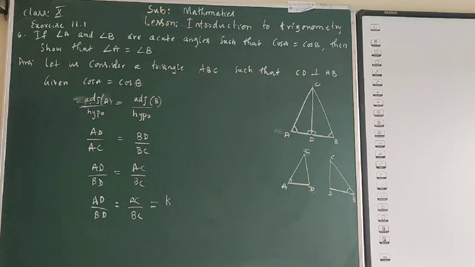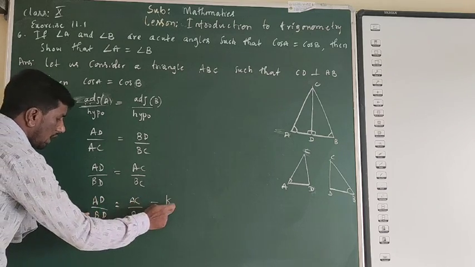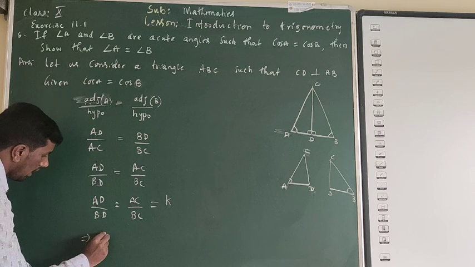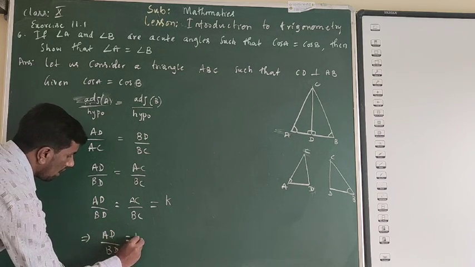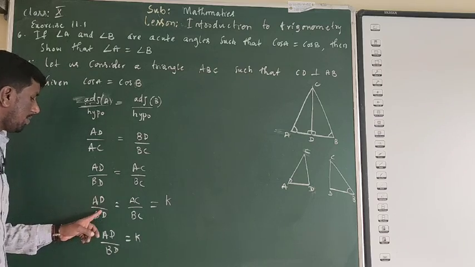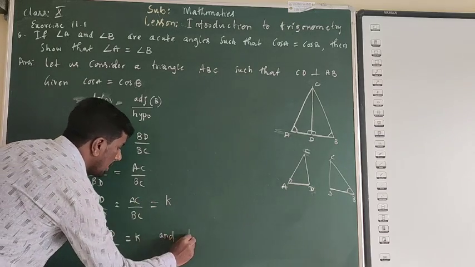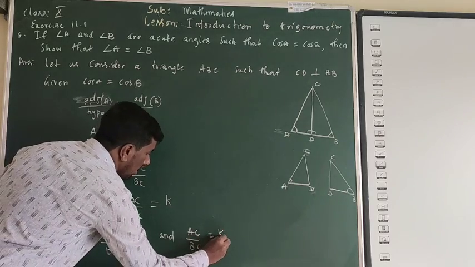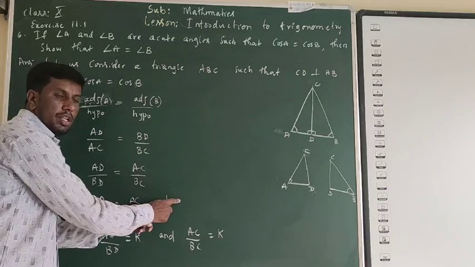Now I will equate this ratio to K as well as this ratio to K. This implies that AD by BD is equal to K, and AC by BC, individually I am equating, is equal to K. Since these two are equal, they must be equal to some constant.